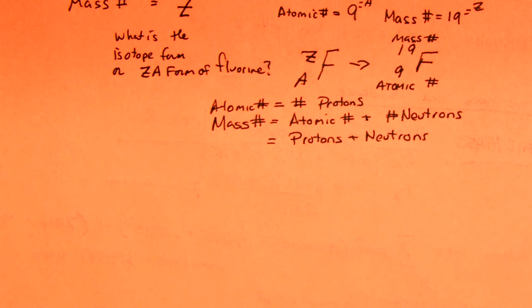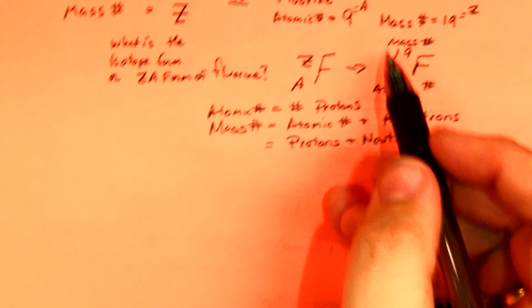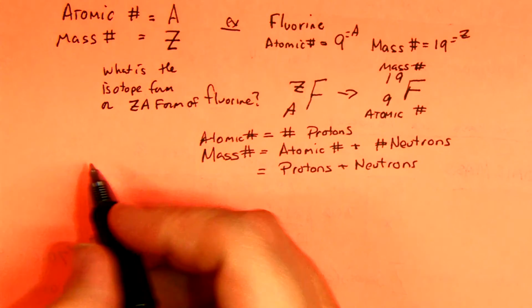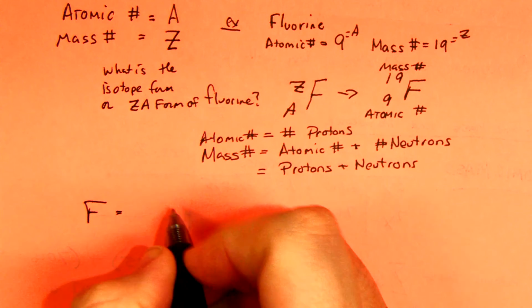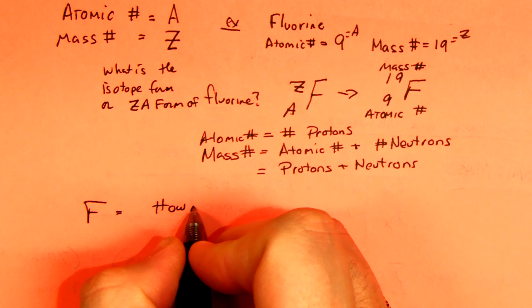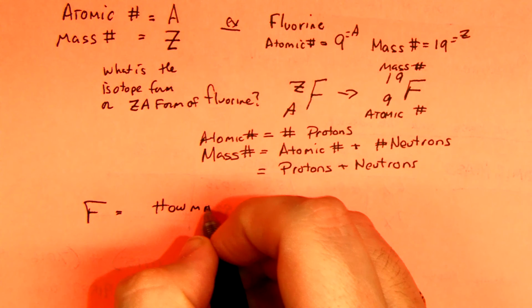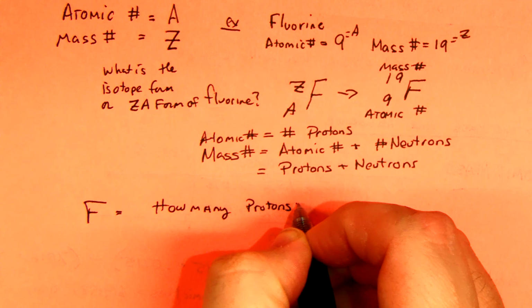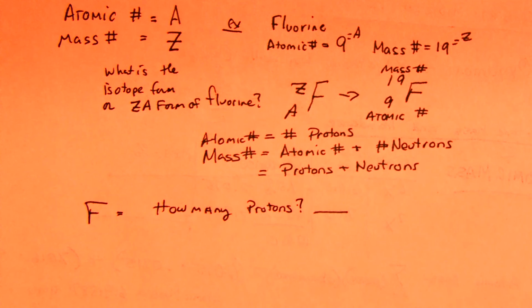So, fluorine has a mass number of 19 and an atomic number of 9. If I take fluorine and I say, how many protons does it have? How many? 9. And that's, remember, its atomic number.